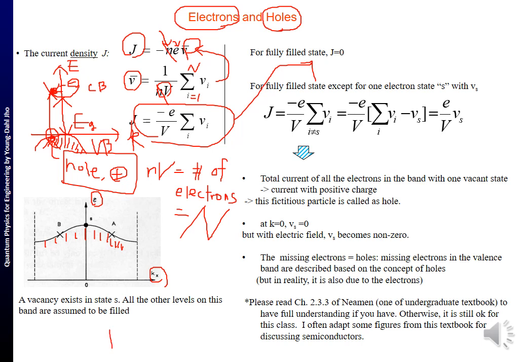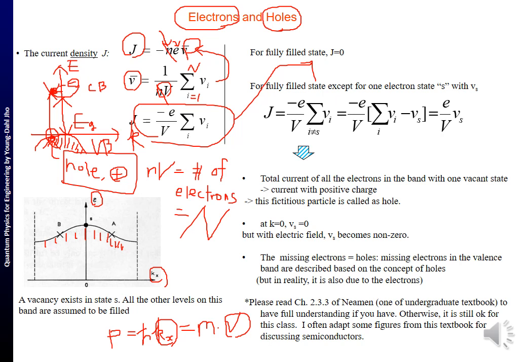Actually, we know momentum P is actually h bar k. Here we only consider one-dimensional movement. And this one is actually the same as m times v. So velocity is proportional to k value, right?